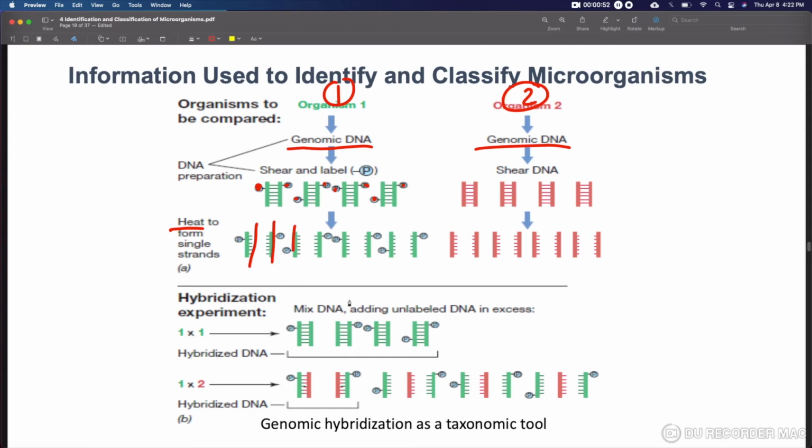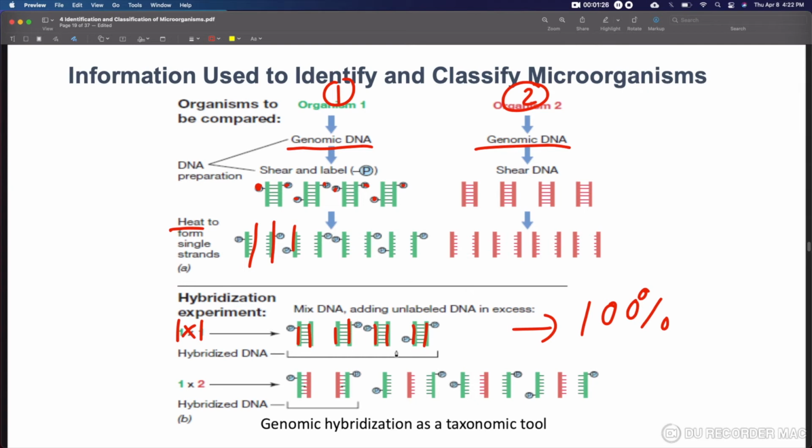Now, we will perform 2 hybridization experiments. The first one is what we call 1 times 1, meaning it's the control, meaning it's hybridization of organism 1 to itself. So, of course, in that first hybridization experiment, we will have 100% level of radioactivity because it hybridizes with its own DNA, right?